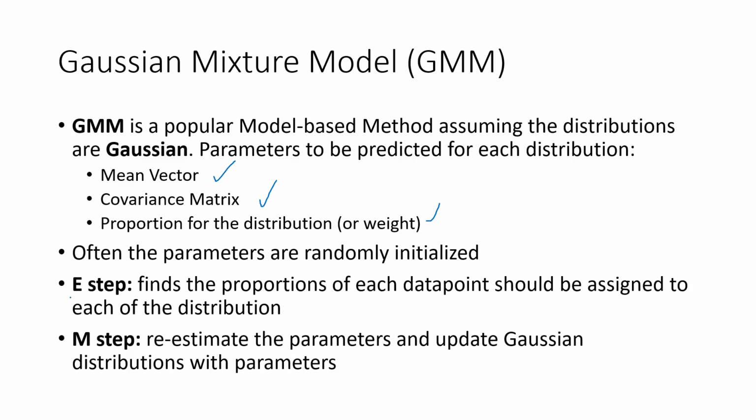In the E step, we find the proportion of each data point to be assigned to each distribution. In the M step, like we assign the centroids, we estimate the parameters and update the Gaussian distributions with those parameters. We iterate between these two steps like we do in k-means clustering until we come to a convergence point. This is how the Gaussian mixture model works.